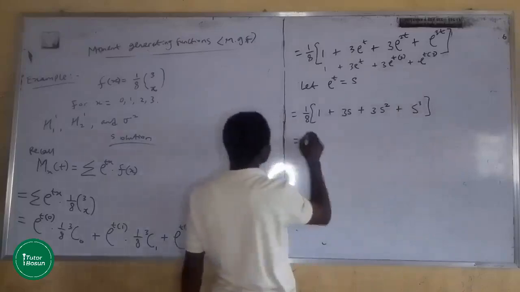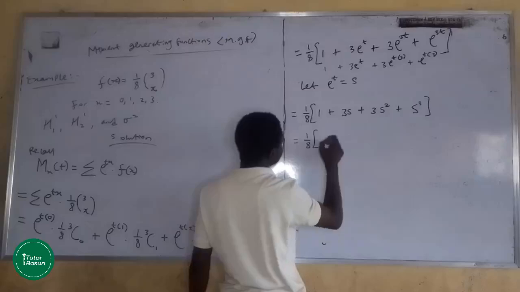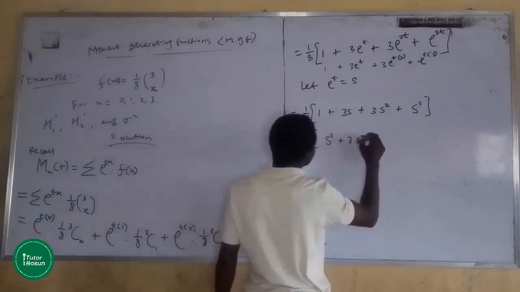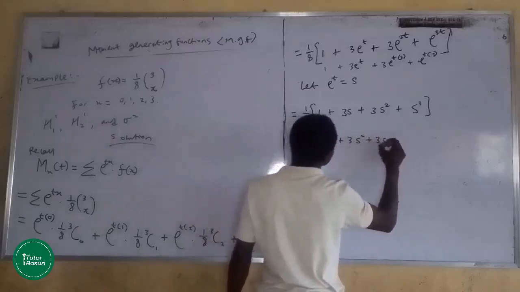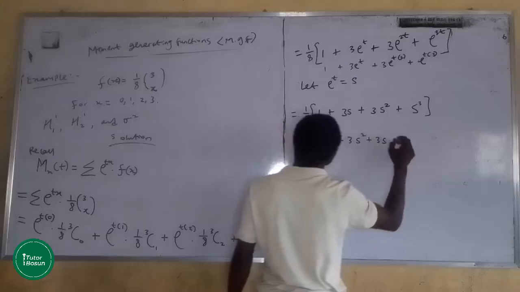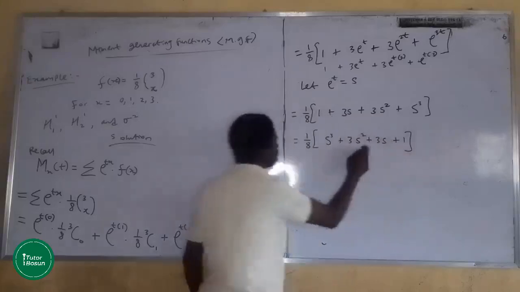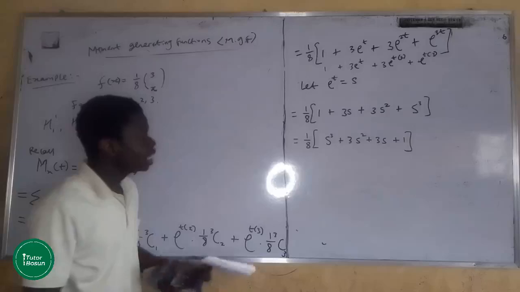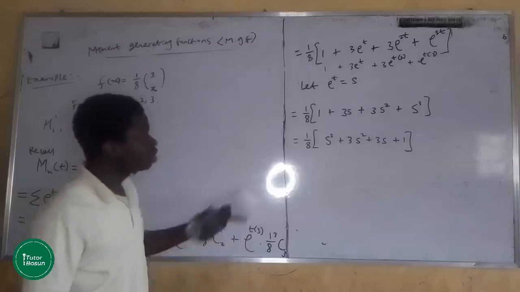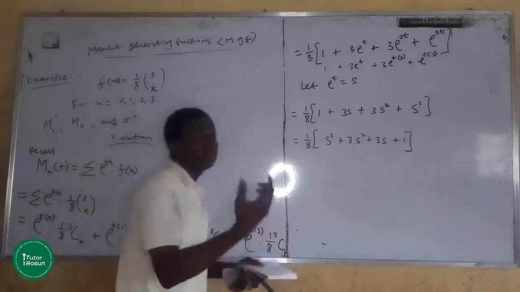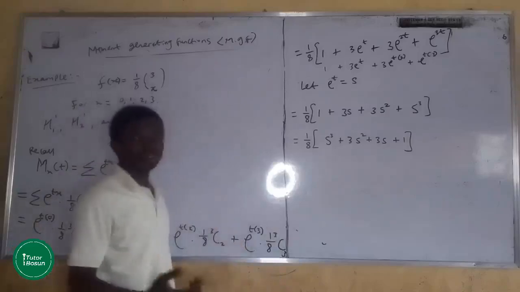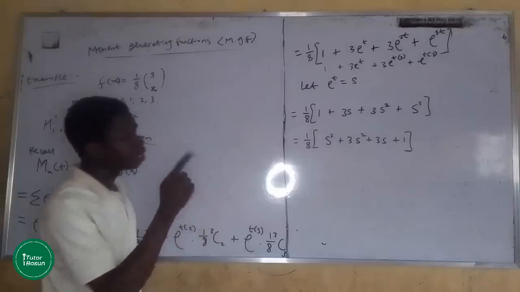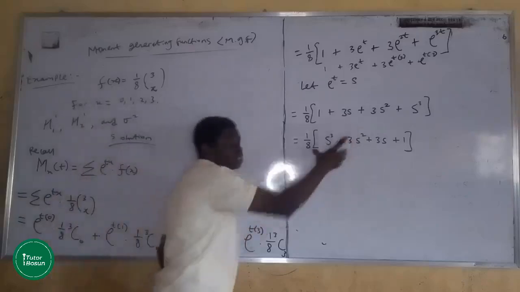So if we arrange this, it becomes 1 over 8 into s cubed plus 3s squared plus 3s plus 1. And as you can see, this is looking like a polynomial expression, and you know, the binomial expansion of cube of 1 plus s or s plus 1 is going to give us this expression.